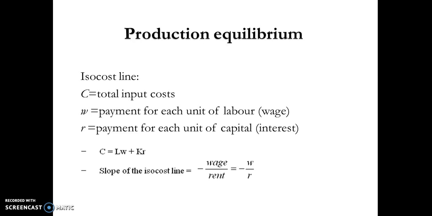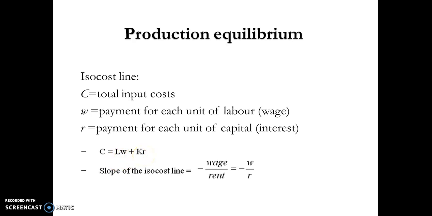And from that we can derive our total cost function or our isocost line, and it is given by this equation over here. C represents your total input costs, and this represents your labor cost. So that is how many units of labor times the payment for each unit of labor, plus how many units of capital times the payment for each unit of capital, the rental rate, and that gives you your isocost line.